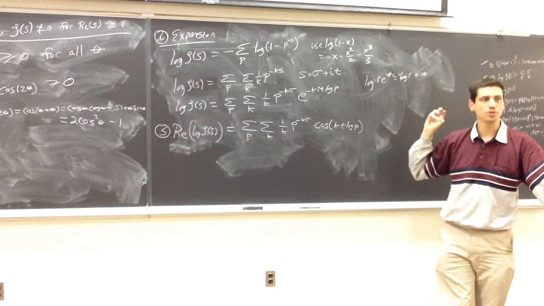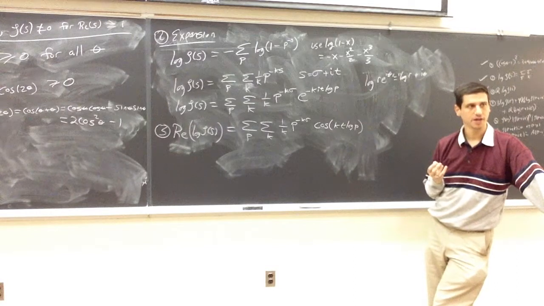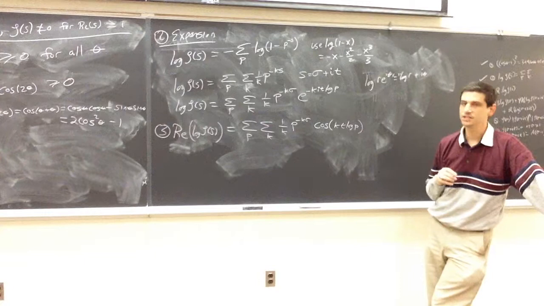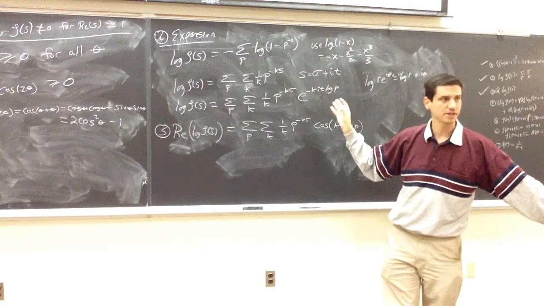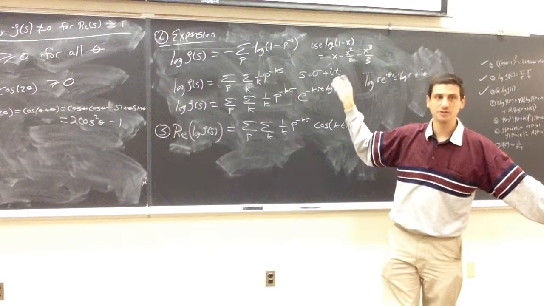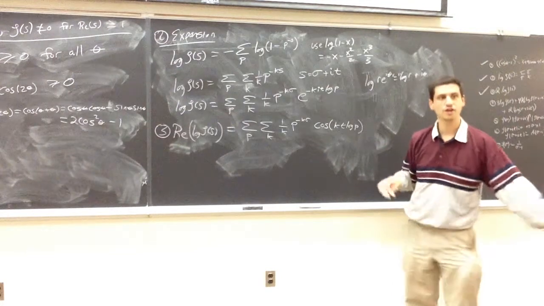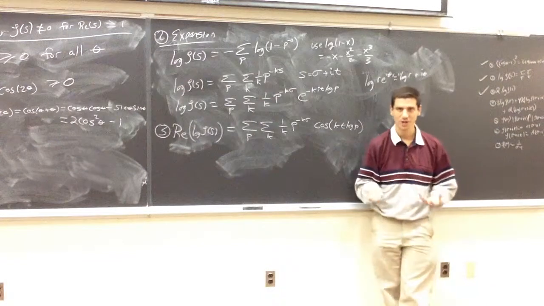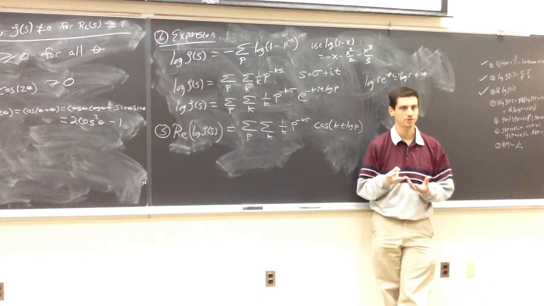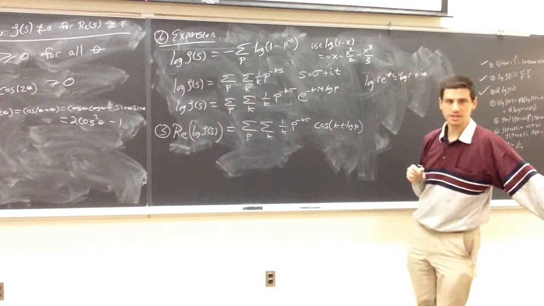What's going to be useful is that we're going to look at a great combination of products of zeta functions together. And that's going to win the day for us. Right now, we're just trying to get a sense of what the magnitudes are. This is very similar to what we did at the start of class today when we looked at the zeta function where sigma was greater than 1. We wanted to understand how big it could be. We looked at the worst possible case, which was worse than what would actually happen, and we used that to get some information. Here, we're just trying to get to the point where we can understand what's happening.